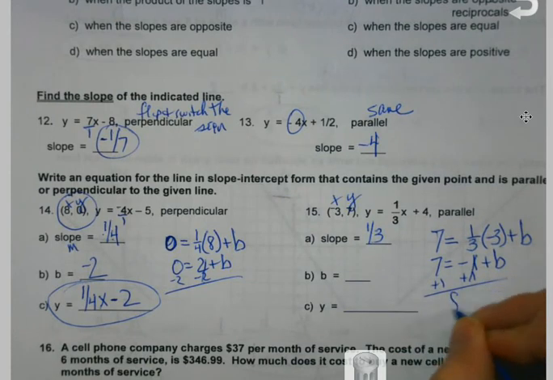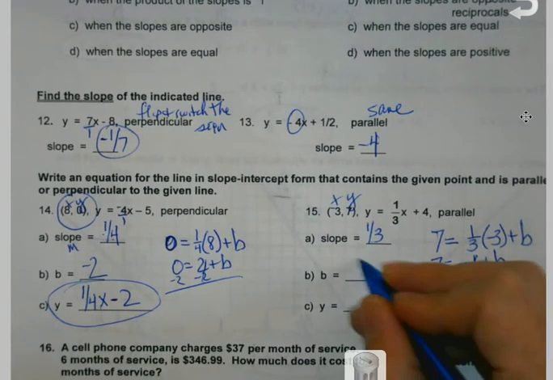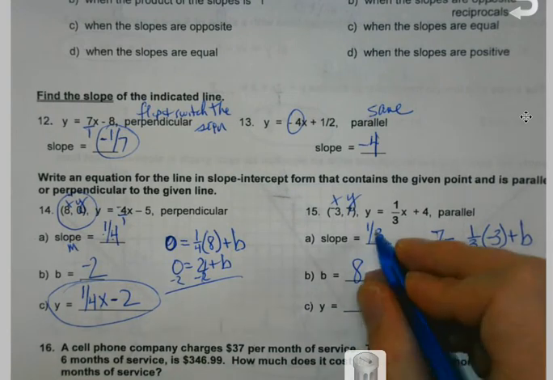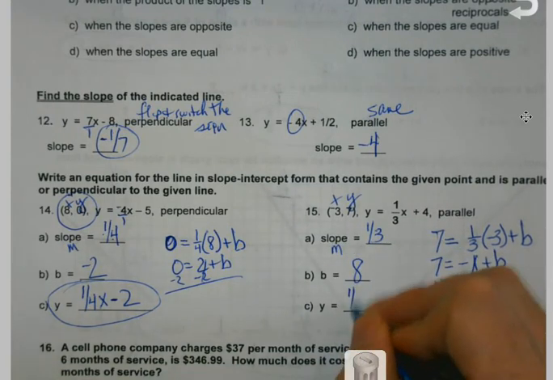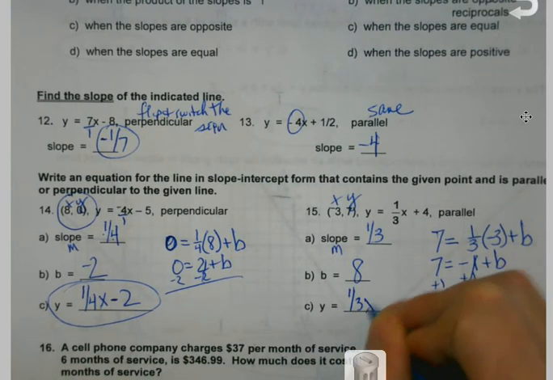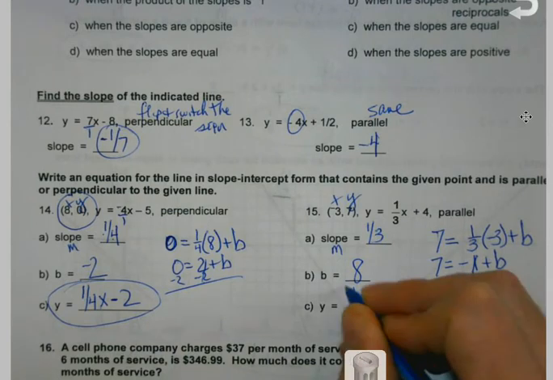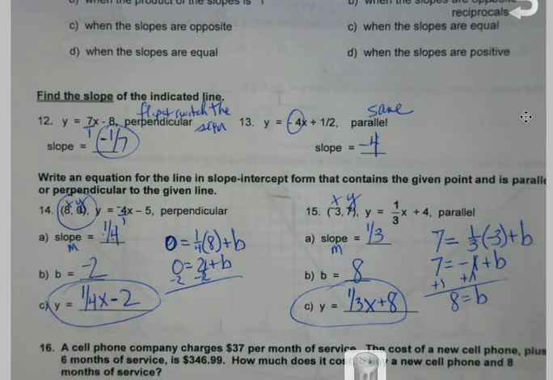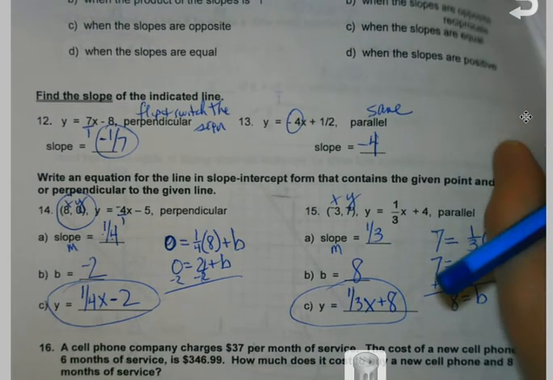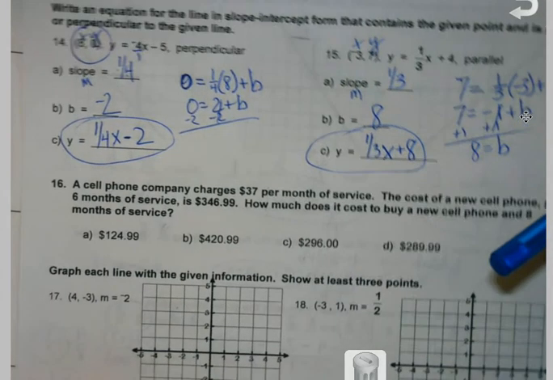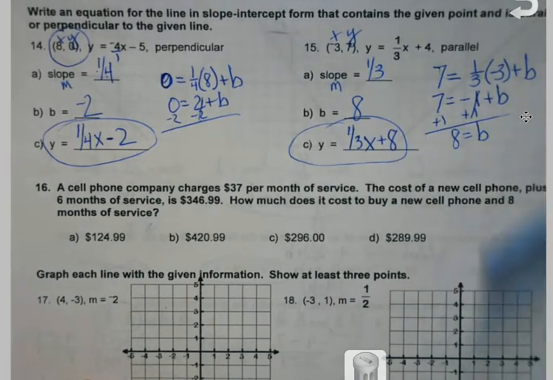Add the 1. Get my b. Y equals mx plus b. And I'm good. So again, nothing too terribly awful so far, just some things to work through a bit.